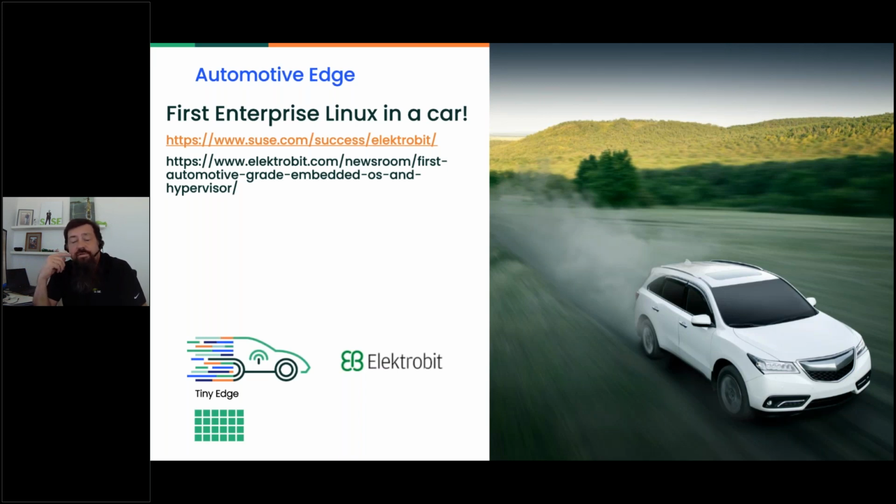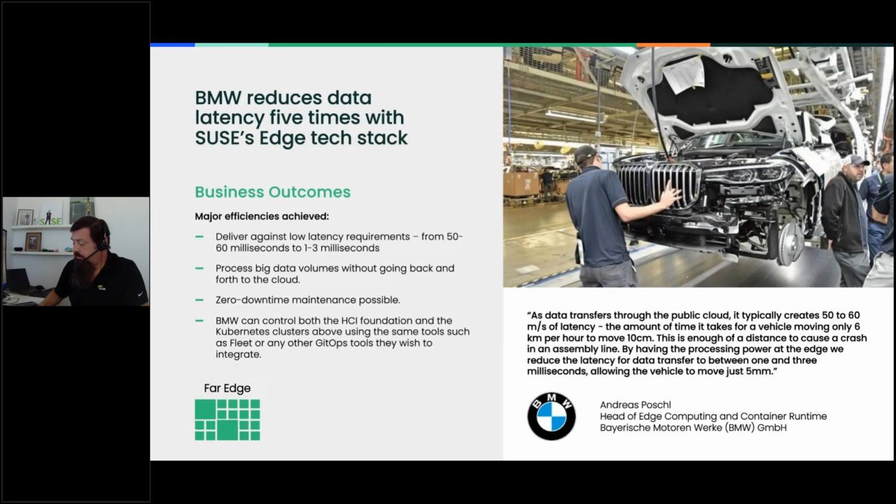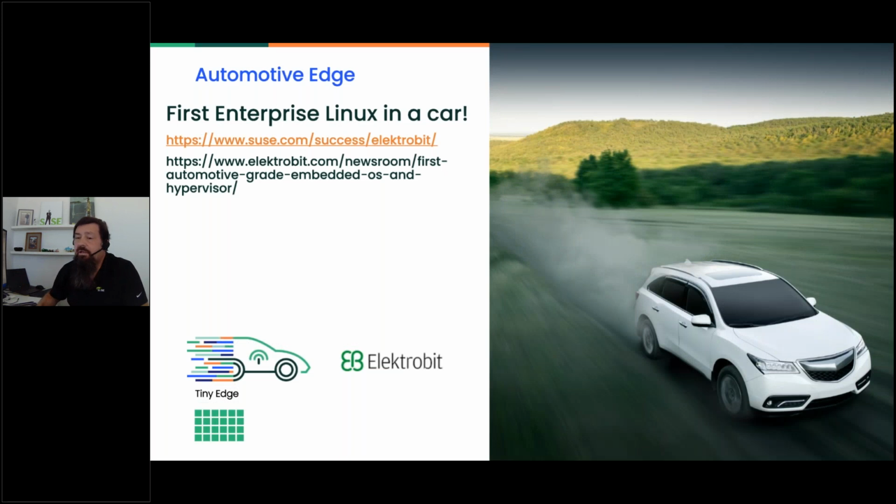And so one of the first is that automotive edge. From the automotive edge perspective, we have partnered with Electrobit. We are providing them some core Linux components for their automotive grade safety Linux. And this is really kind of that definition of the tiny edge.